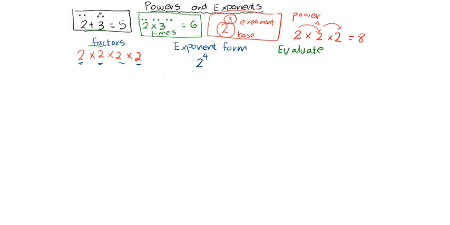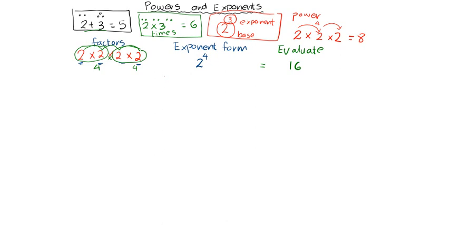So 2 times 2 we know gives us 4, and this 2 times 2 also gives us 4, and then we multiply them together. 4 times 4 gives us 16. So we know the final value there is 16. Or you could have just said 2 times 2 is 4, 4 times 2 is 8, and then 8 times 2 is 16. Either way, you'll come to the same answer.